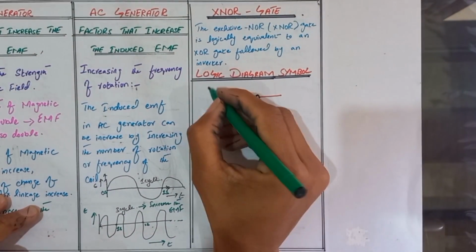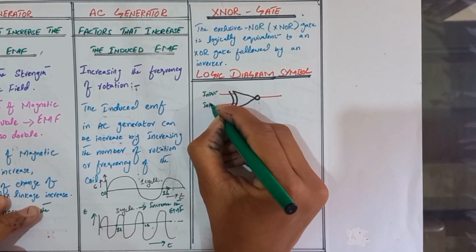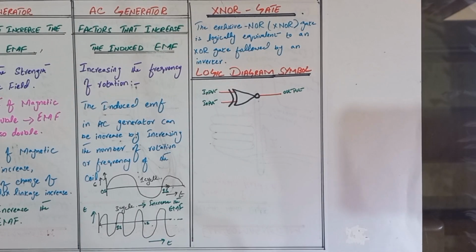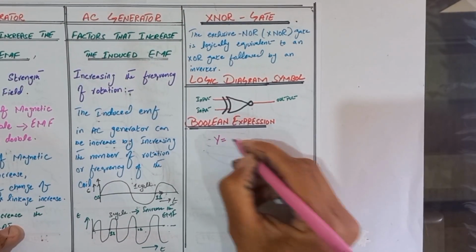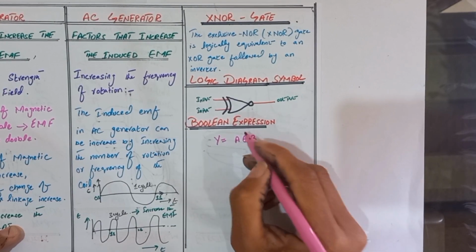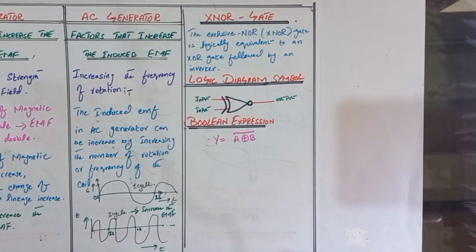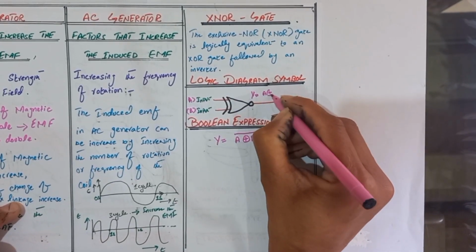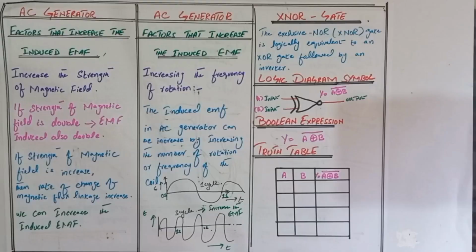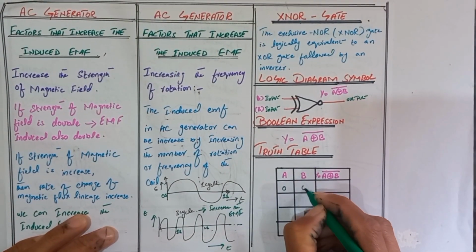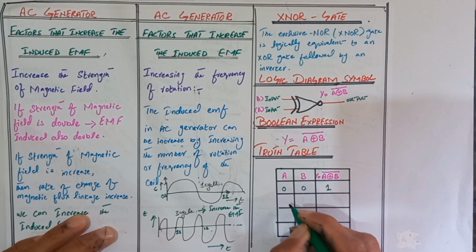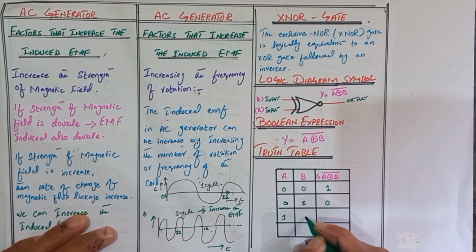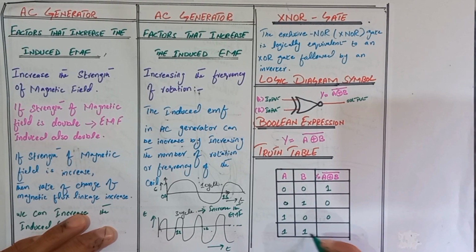In the logic diagram symbol, we get two inputs and one output. In the Boolean expression of the XNOR gate, we give inputs and the output is the inverse. So if the inputs are A and B, the output is (A ⊕ B) bar. In the XNOR gate, we get 1 if both inputs are 0. If the inputs are 0 and 1, the output is 0. If the inputs are 1 and 0, the output is 0. If both inputs are 1, the output is 1.